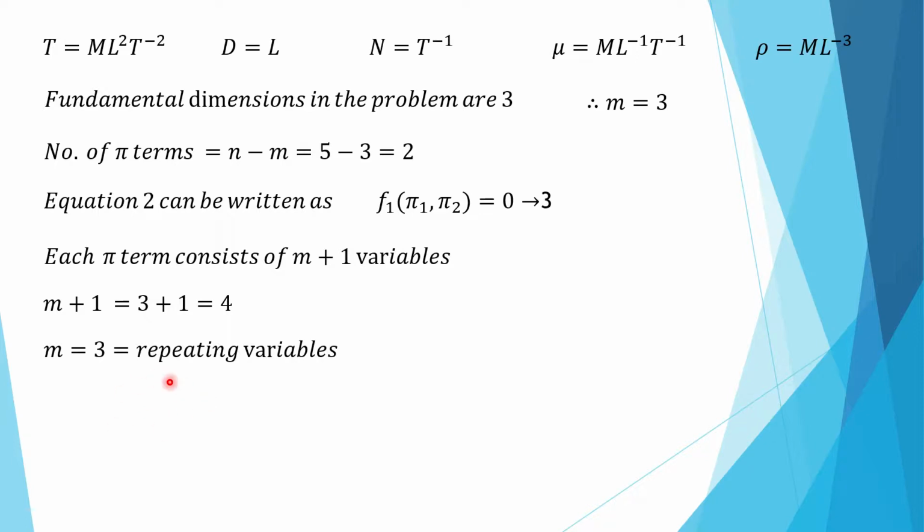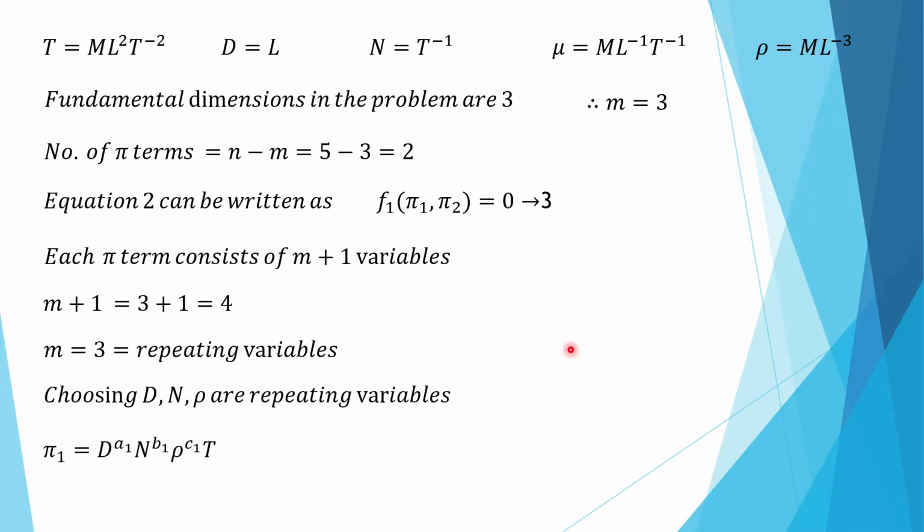Now in this problem, we can select the geometric property as d, flow property as n and the fluid property as rho. So now we can write these 3 as the repeating variables.